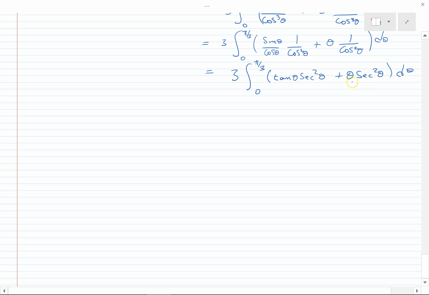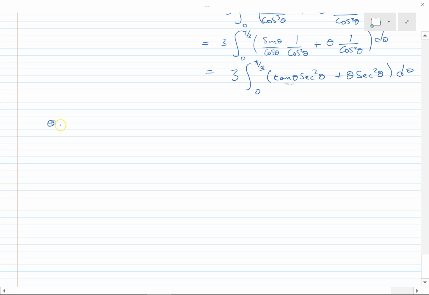You will get marks for using by parts on this, even if you can't do this. So always do what you can. Don't think, well, I can't answer this question entirely. Do what you can and you probably will pick up something. Let's do the by parts bit. I'm going to do the by parts bit separately with the limits, but leave out the 3, and we can bring it out together at the end.